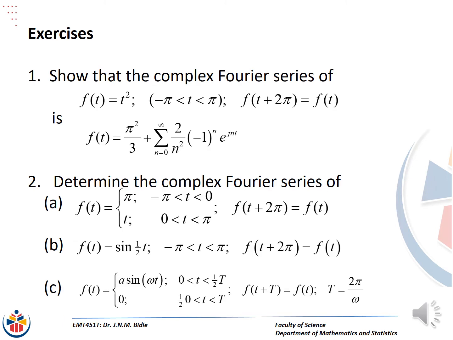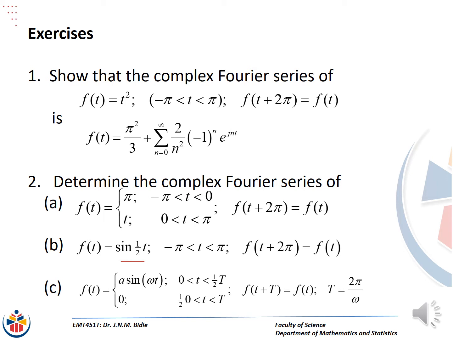Okay, here are some exercises. Number 1, we are just confirming the answer has been given, confirming the interval is minus pi to pi, and the period is 2 pi. 2b, I would rather we change sine half t to exponential form.